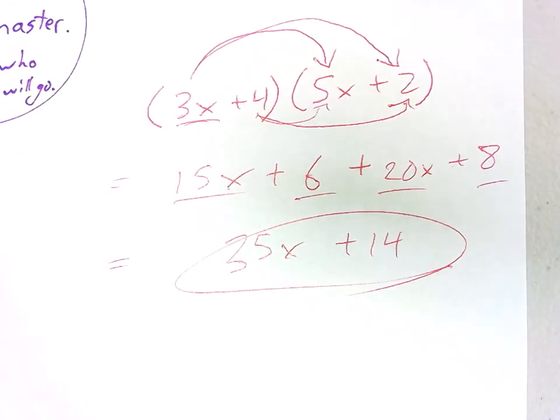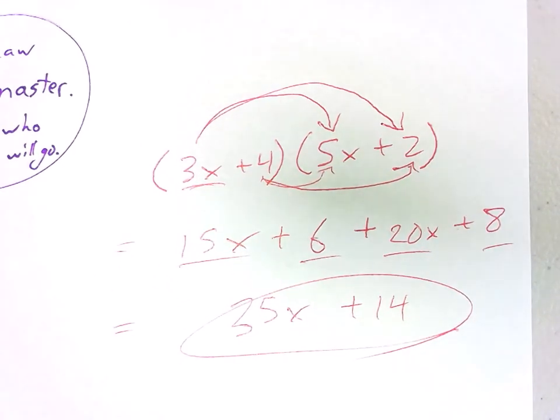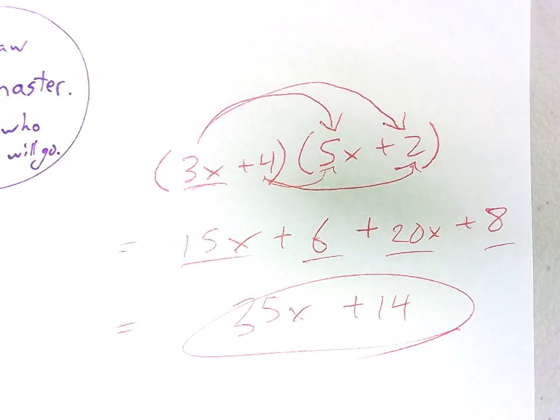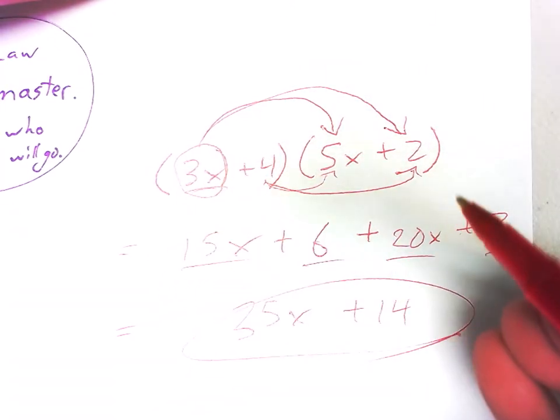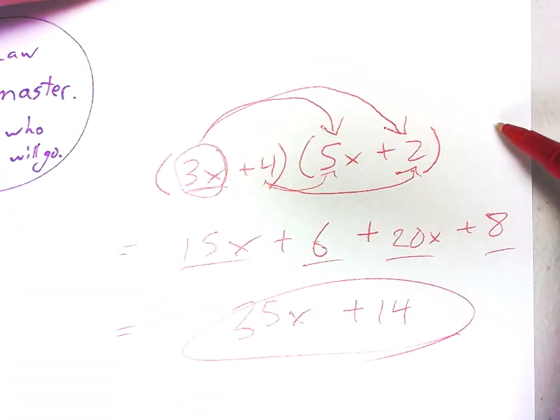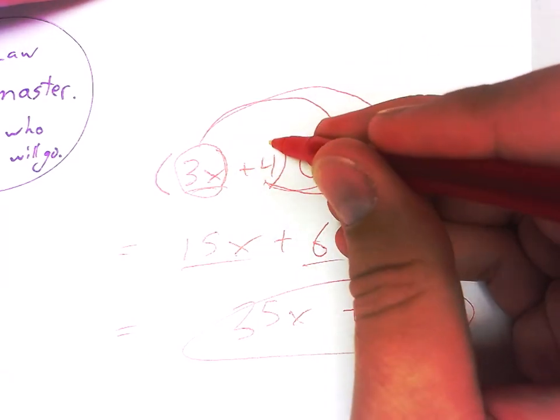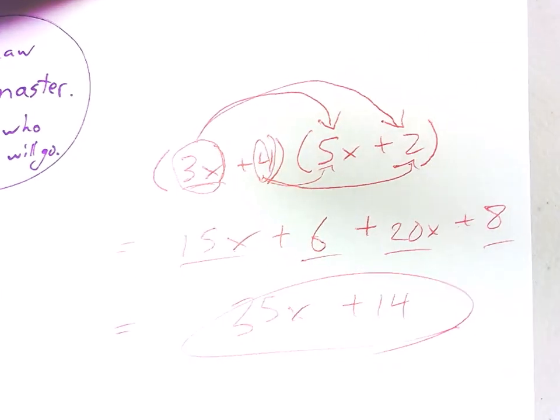And that's what we get. 35x plus 14. So if you do it the claw way, you don't have to remember all the steps or try to figure it all out from the distributive property every time. You just start at the beginning, go to all the terms in the second polynomial, then go to the next one, and if there's more, just keep going so you finish all of them.